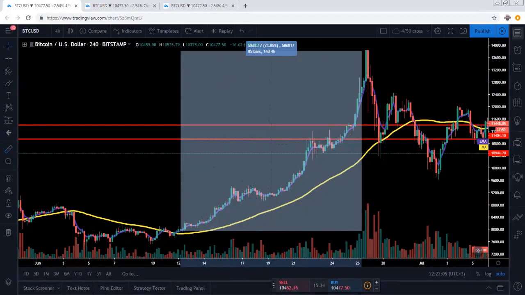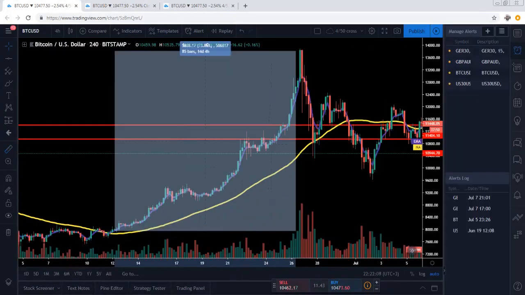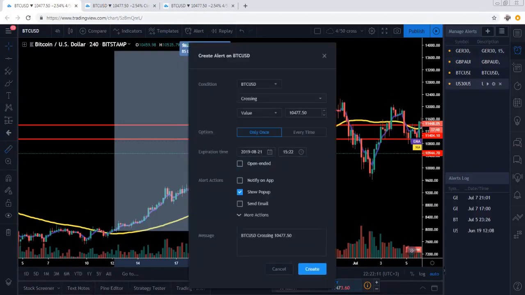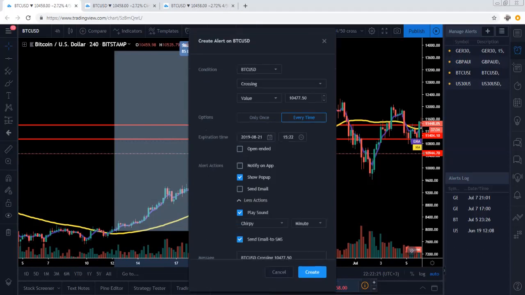You know, you can come over here and you can set alerts. I can set an alert for this crossing, and I can say show me a pop-up. I can do all that, and I can have it chirp here and have it set to my phone, and my phone will chirp. Do you have to put an alert on every pair, Gooch? You can do it for about 10 pairs. Got it.